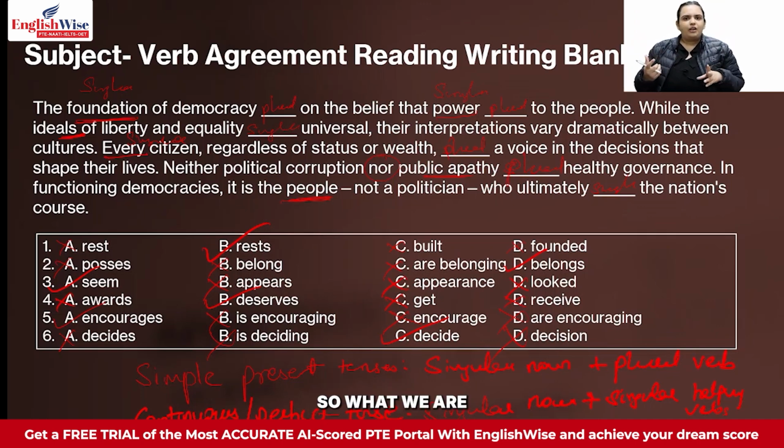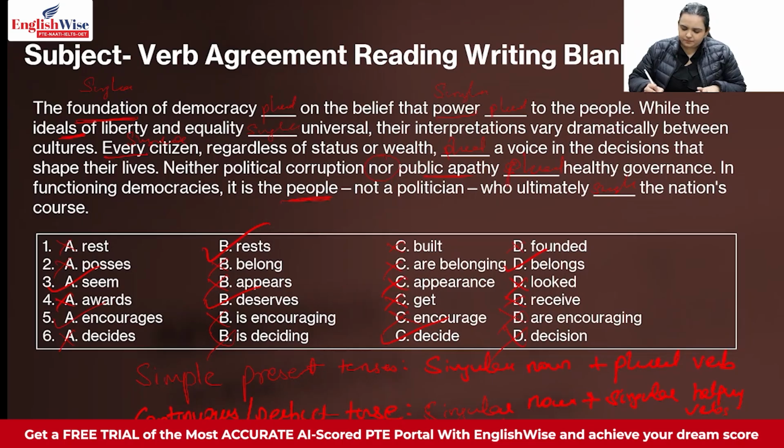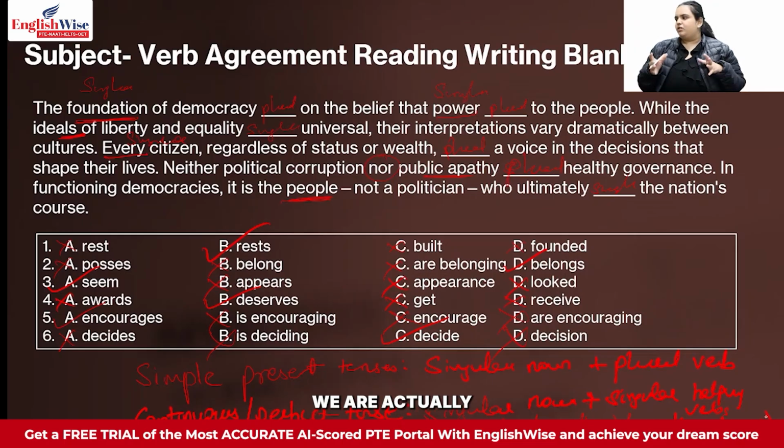Okay, so what we are actually checking in this case is whether I am supposed to put is, am, was, and has, or I am supposed to put were, have, or are. So this is what we are actually checking in that case.